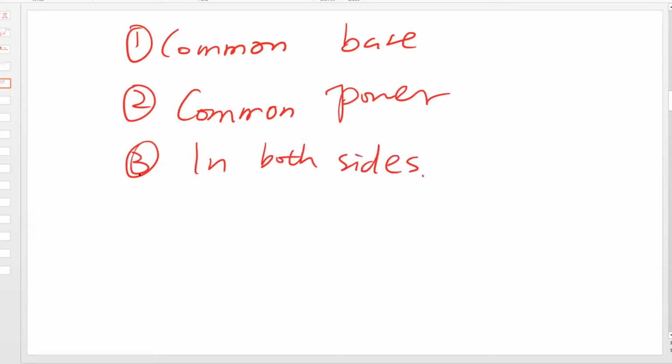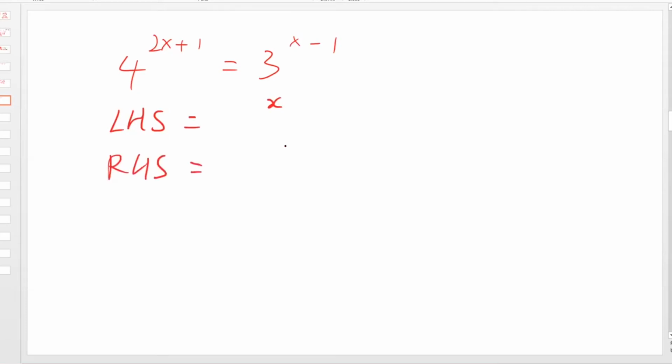Okay. So question A, is it? Yeah. In order to have common power, I want to see your left hand side as something in terms of x, and the right hand side also as something to the power of x.